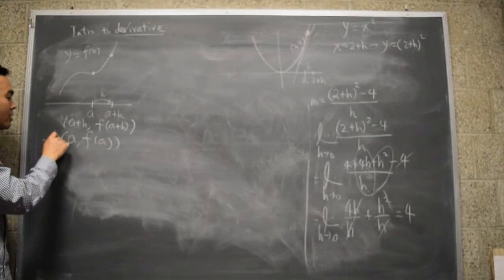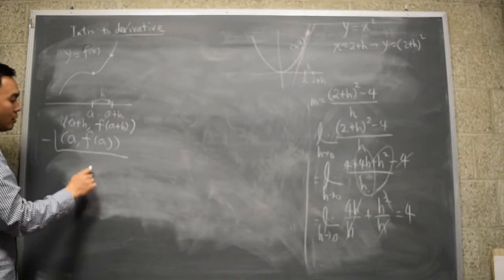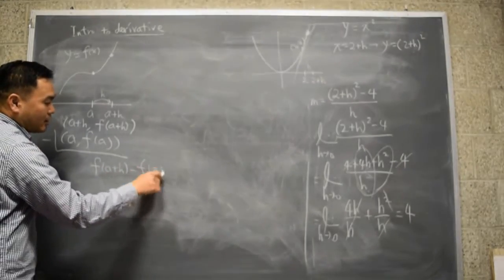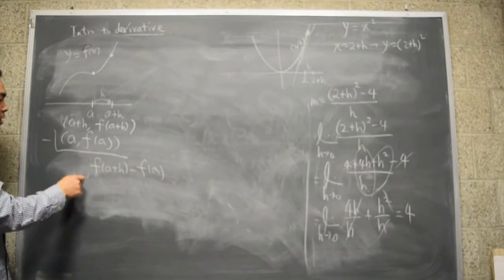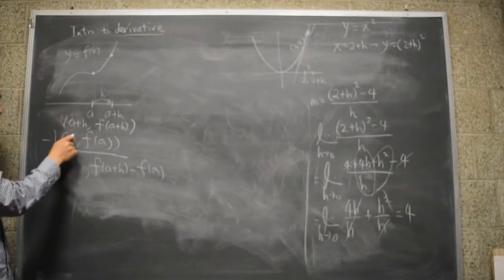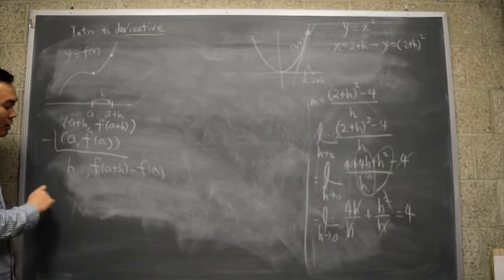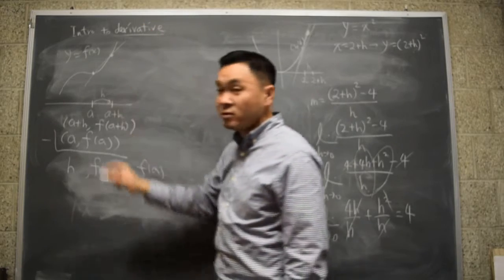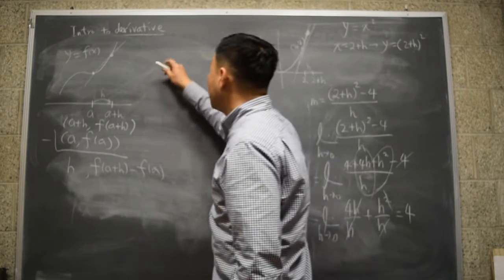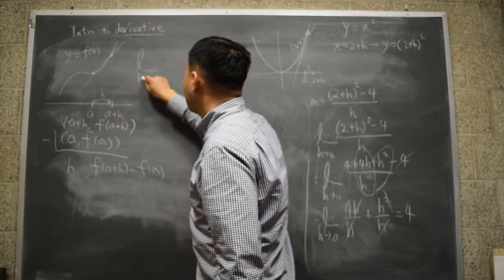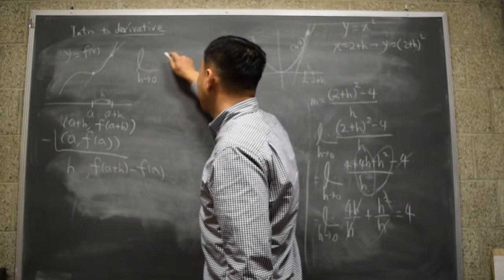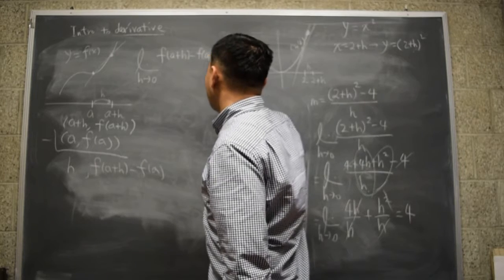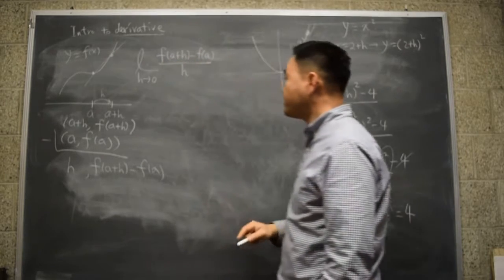And then when you subtract them to get the slope, f of a plus h minus f of a is the change of y, and a plus h minus a cancels, so change of x is h, and therefore the slope of the secant line connecting the two is limit h going to 0 of f of a plus h minus f of a over h.